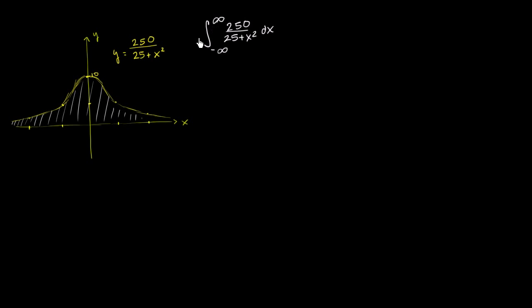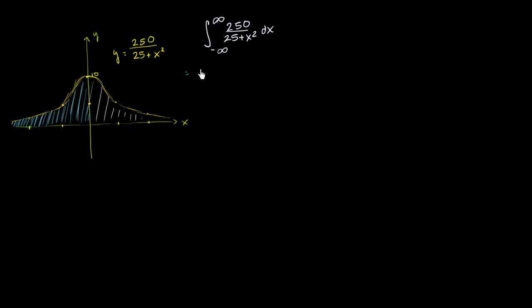You can't take a limit to two different things. And so the way that we're going to tackle this is to actually break up this area into two different improper integrals. One improper integral that describes this area right over here in blue from negative infinity to 0.